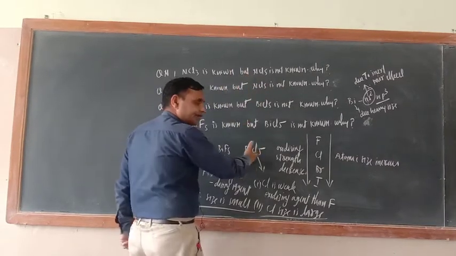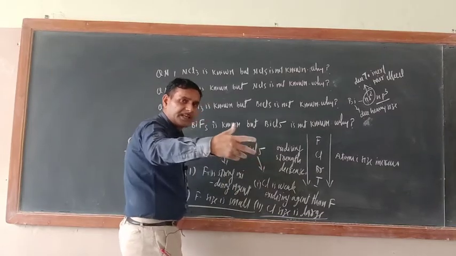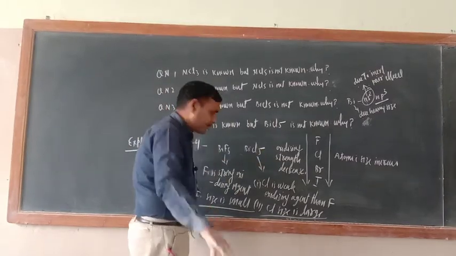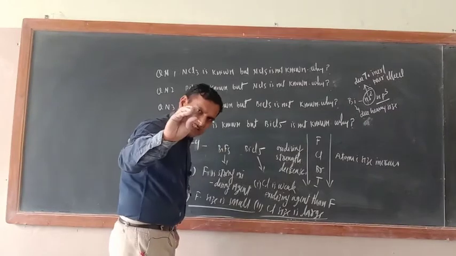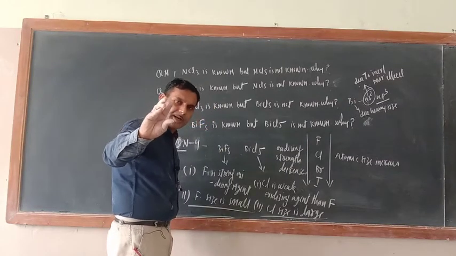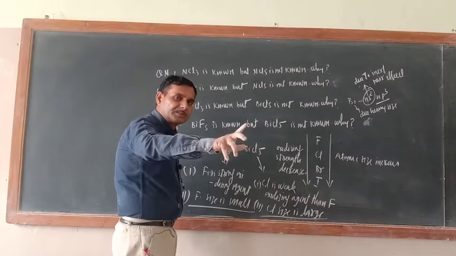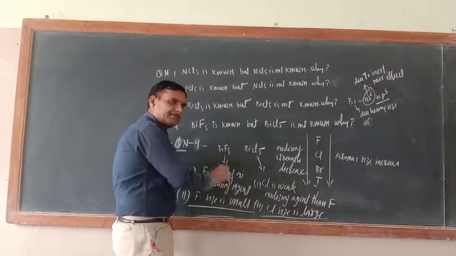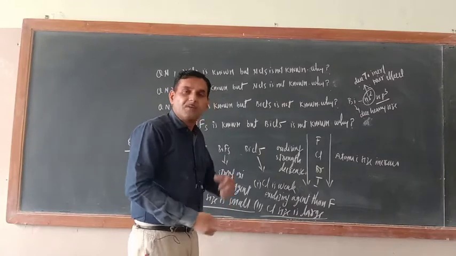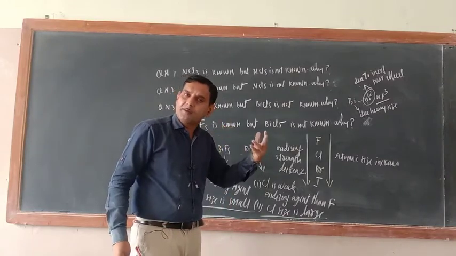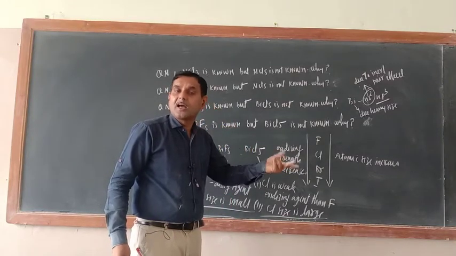So it will be dissociated. So this compound is unstable. Now due to small size of fluorine atom, those 5 fluorine atoms can accommodate around bismuth. That is why BiF5 is formed and stable. Formation means if it is forming, then only it is stable, or vice versa.